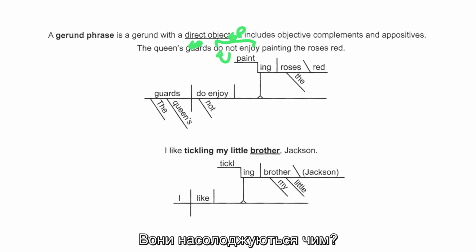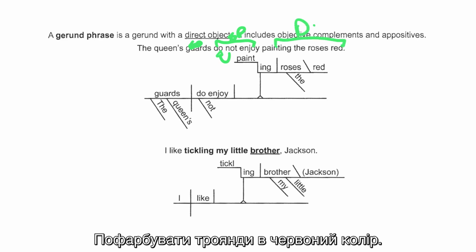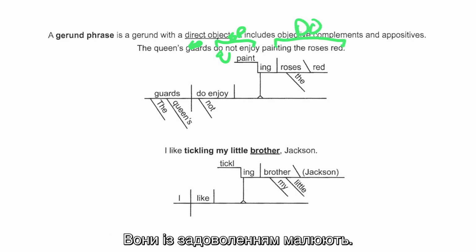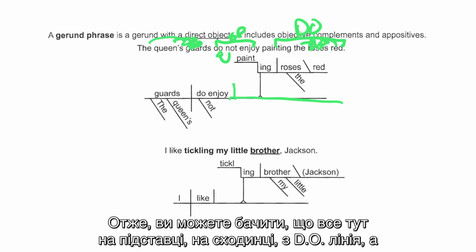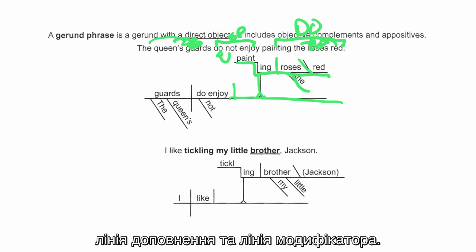They do enjoy what? Painting the roses red. They enjoy painting. Enjoy painting what? Roses, that's a DO. What color roses? Red, so that's a complement. Which roses? The. Which guards? Queens. Which guards? The. So you can see the whole thing is over here on a stand, on a step, with a DO line, a complement line, and a modifier line.